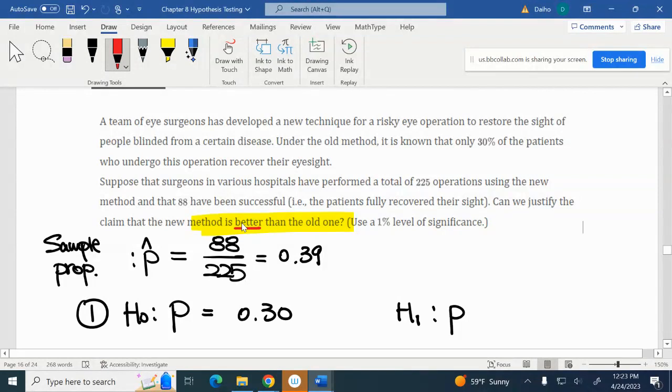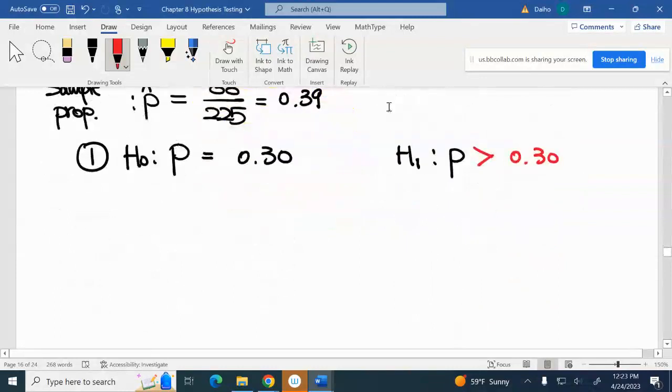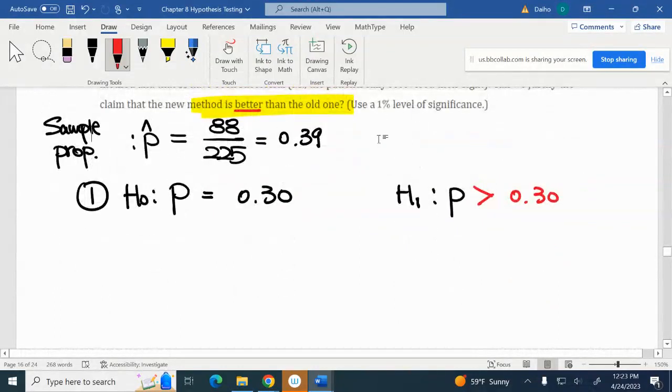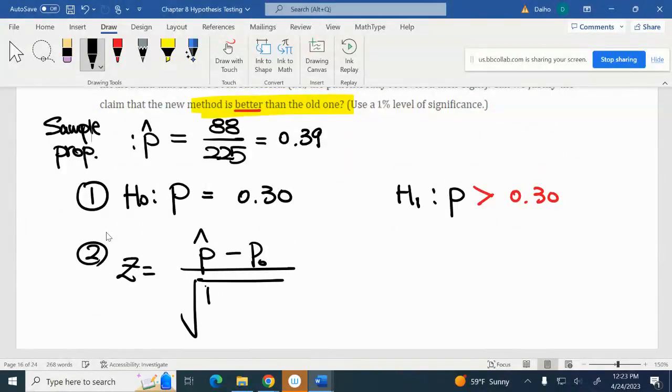What does that mean, better? Is it less than 30% or bigger than 30%? It must be bigger than 30%. That means better, right?